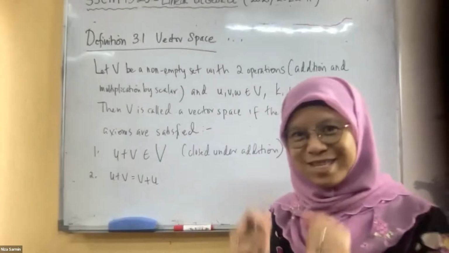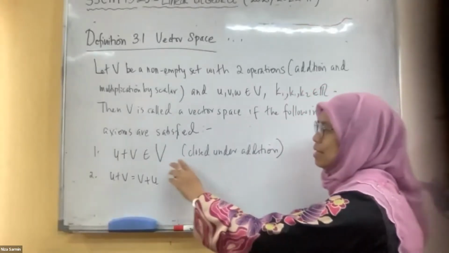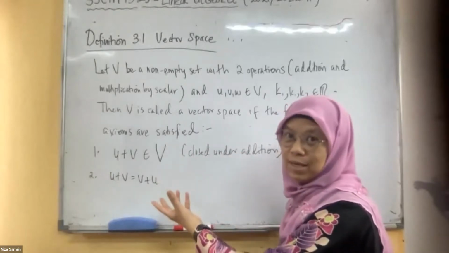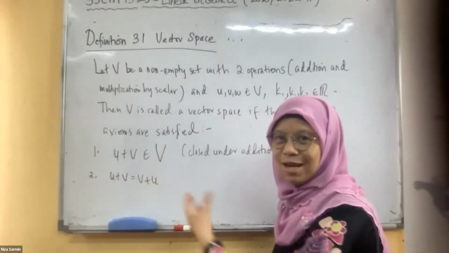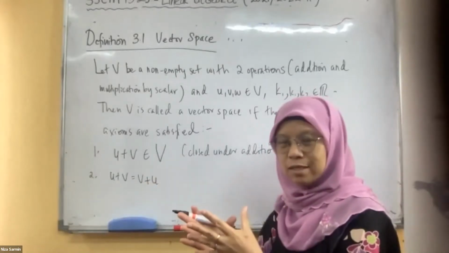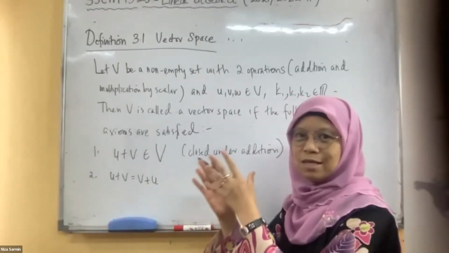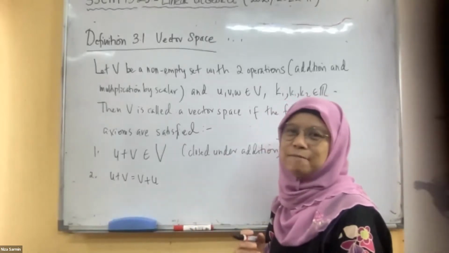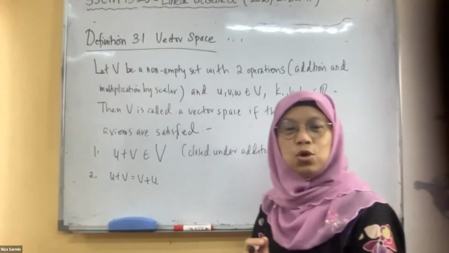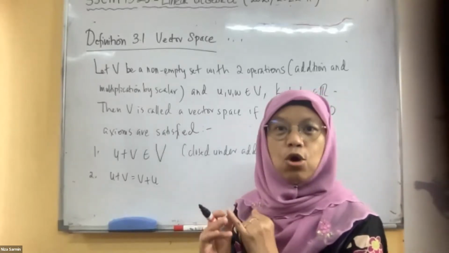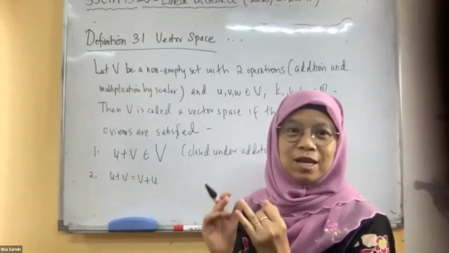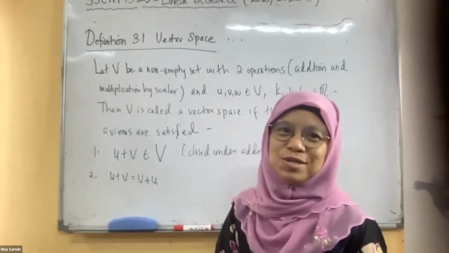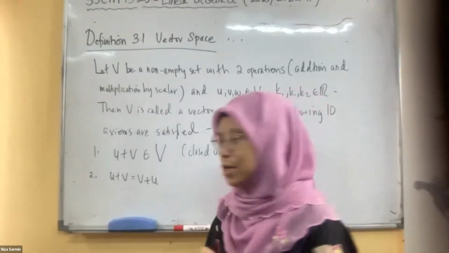Closed means when you add two elements in V, it goes back in V. It didn't go out. Like you have an integer, you add another integer, you get another integer. It's still the same set. The one that is not closed, as an example, is you have an odd number, you add another odd number, it becomes even. In that case, it's not closed. So this is how you check.